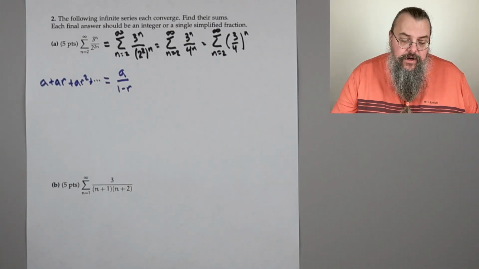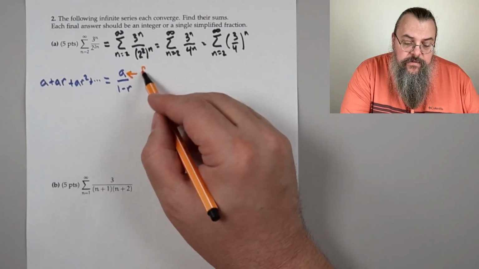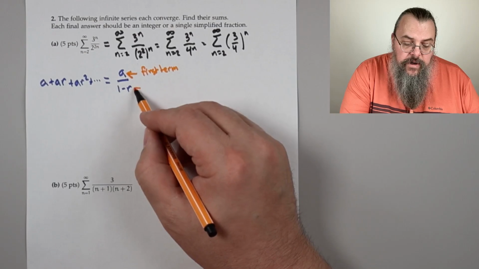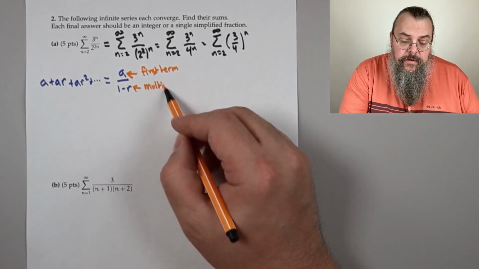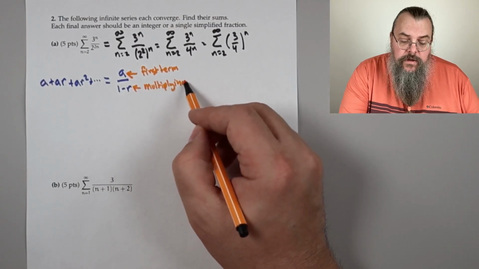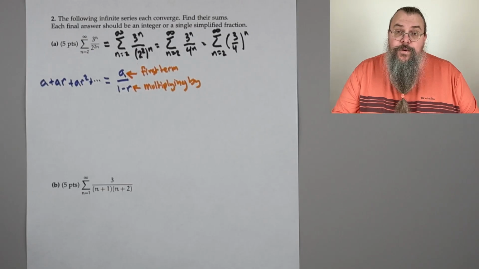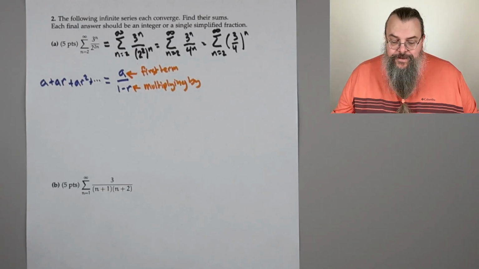There's the a part, and really you should think of the a as the first term. Then there's the r part, and the r is what you're multiplying by. So if we can figure out what's the first term and what we multiply by at each step, then we have our sum. Life is good.